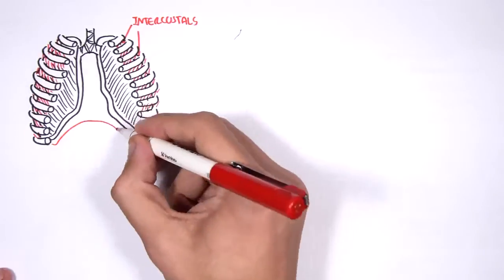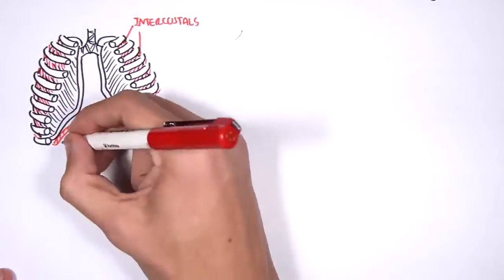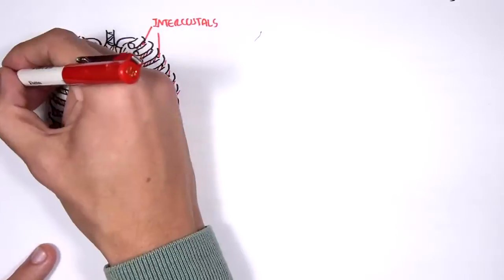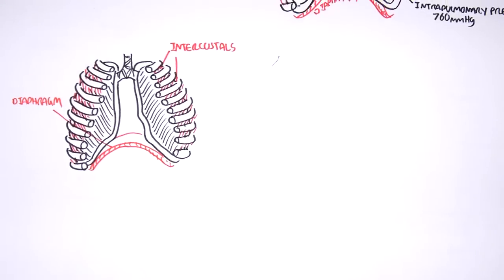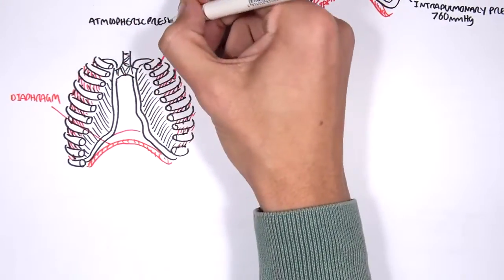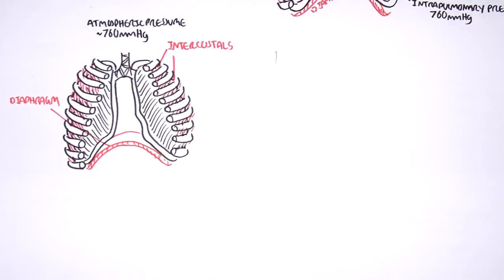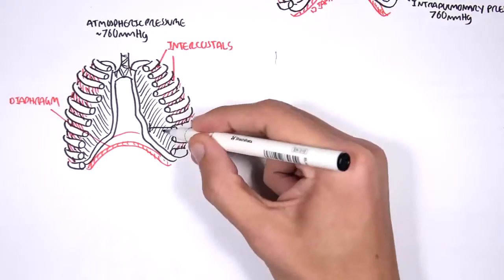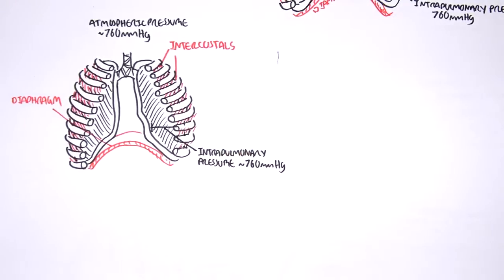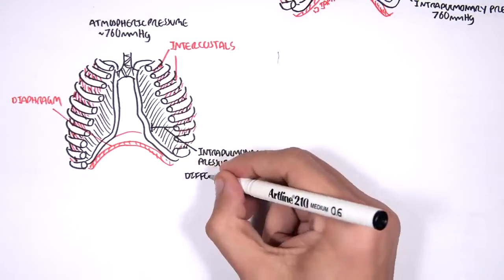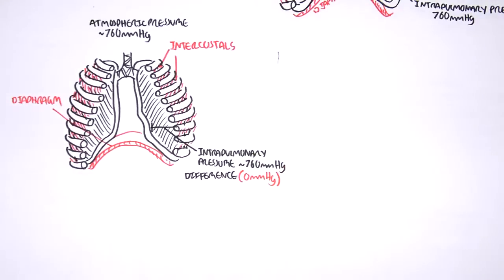The intercostal muscles and the diaphragm are the two important muscles in normal respiration. Then you have the two important pressures, the atmospheric pressure, which is 760, and the intrapulmonary pressure, which in this case is also 760. So the atmospheric pressure and the intrapulmonary pressure are balanced. There is a difference of 0 millimeters of mercury with respect to the atmospheric pressure.